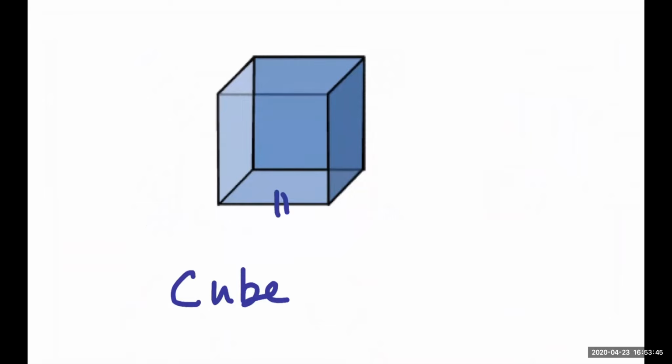If I tell you that all those edges are congruent and that all of the edges are perpendicular, then you know it's a cube, right? But if we had just, let's say, a square on the bottom, but the height didn't have the same dimensions, this wouldn't be a cube, it would be a rectangular prism.